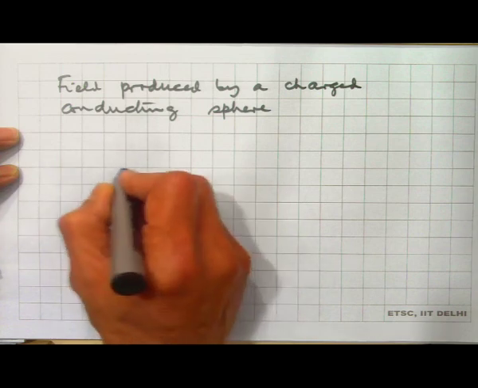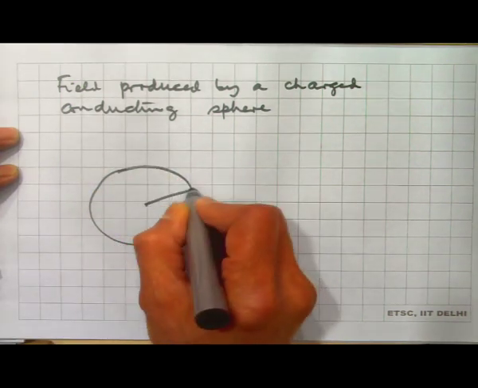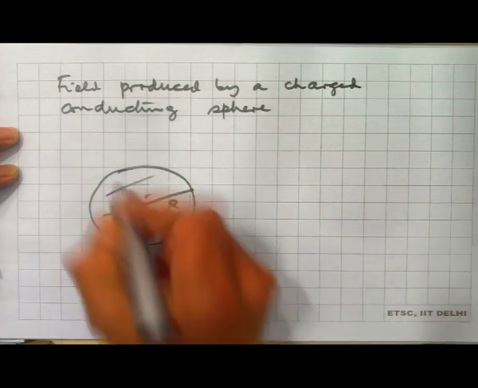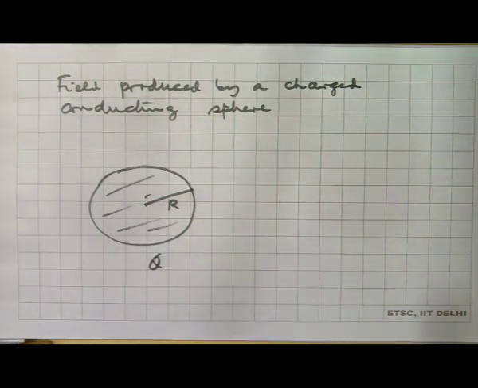So, my problem is I am given a spherical conductor of radius r, and I have thrown in some excess charge into this. So, the excess charge which I have thrown in is capital Q, and now my problem is what is the electric field produced by this charge distribution.